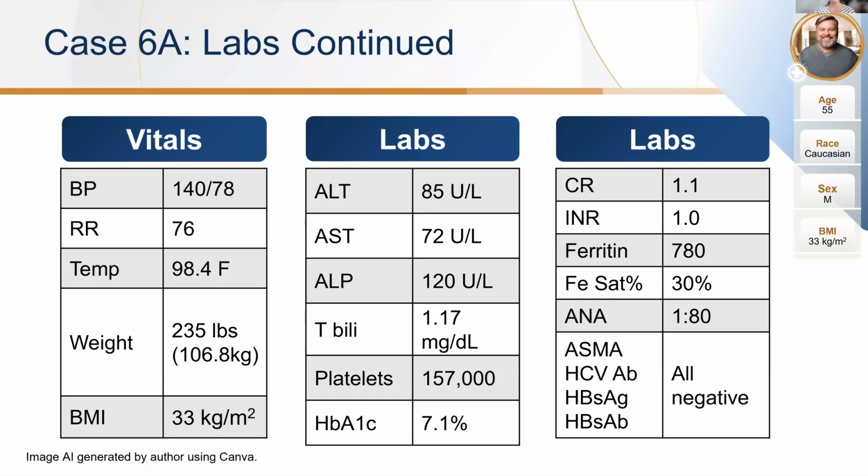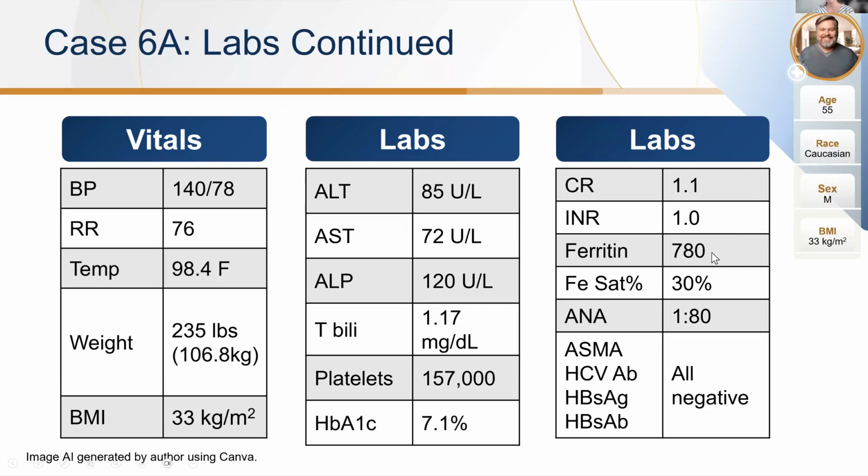We can see that his total bilirubin is around 1.17, which again is within normal limits, maybe on the plus side of that, but nothing to be too worried about there. His platelets at 157, within normal limits. His hemoglobin A1C at 7.1. Again, not surprising knowing the medicines and his past medical history. We can see his creatinine and INR are all within normal limits.